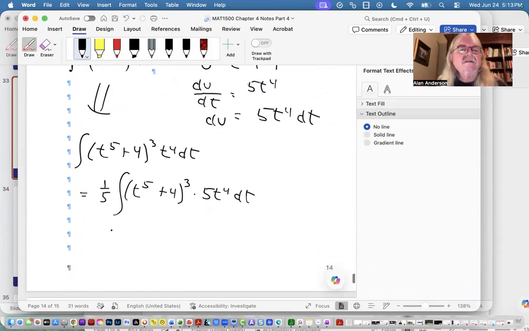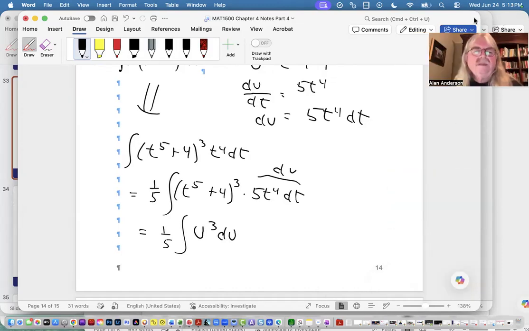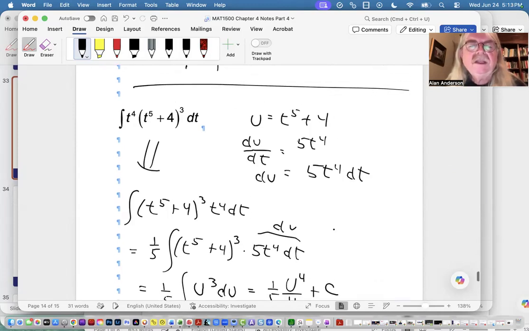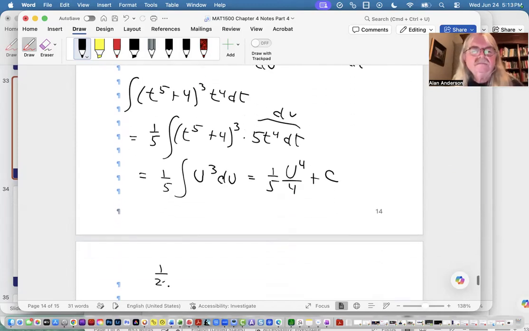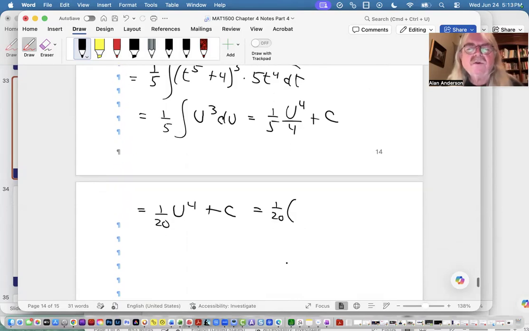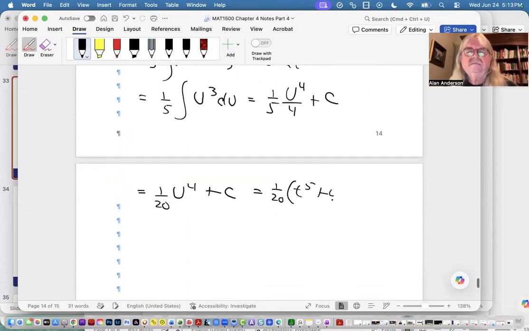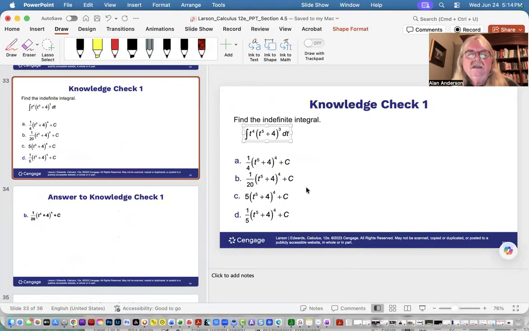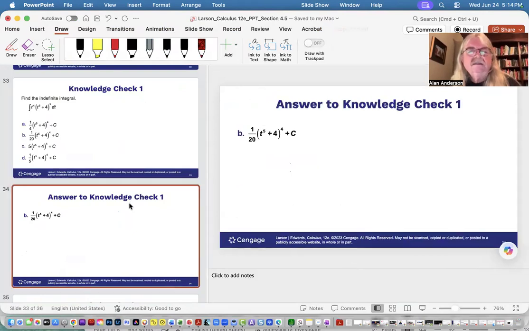All right, now we're getting somewhere. So this is of course du, and using the power rule, we have 1/20th u to the fourth plus c. And of course, u is t to the fifth plus 4. All right. Then which one is that? That looks like it's B. Yes, it is. Okay.